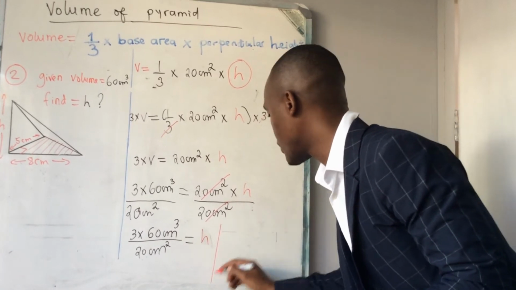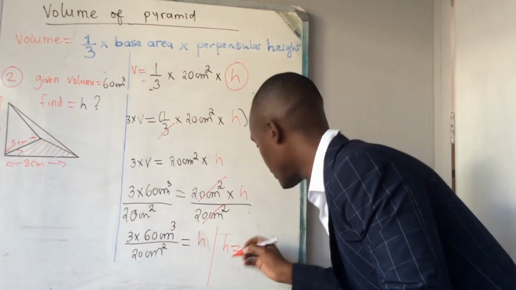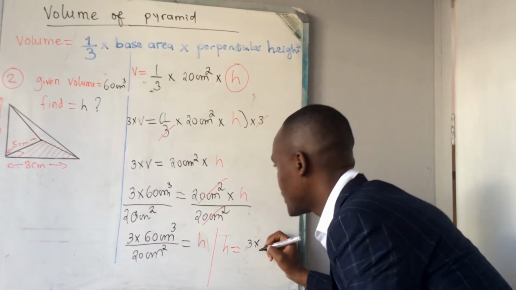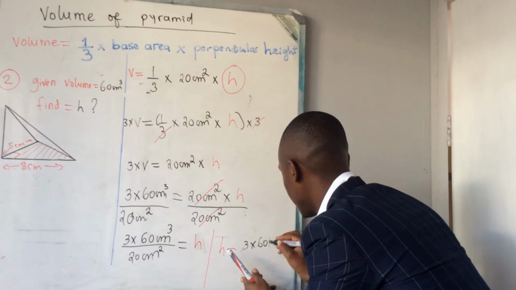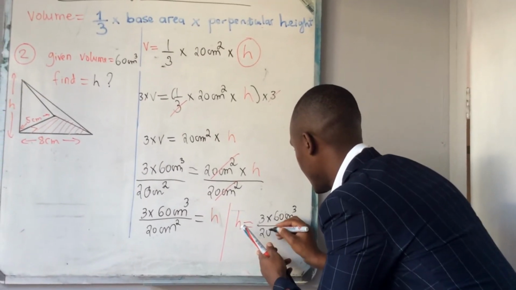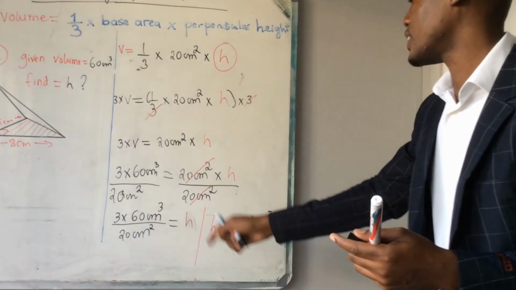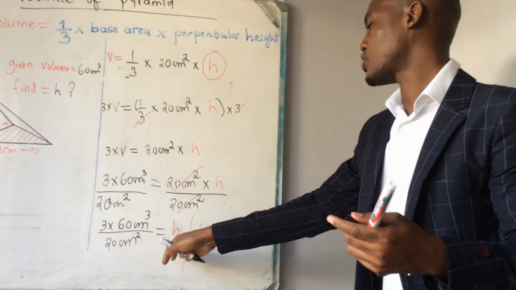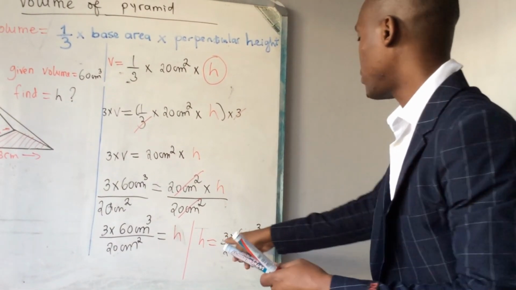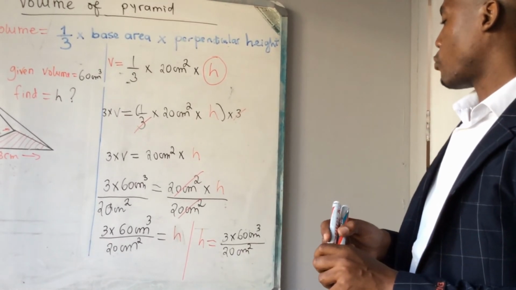Another way of rewriting this is to say h equals 3 times 60 centimeters cubed over 20 centimeters squared. That's the same thing pretty much. I just rewrote it. I put h in front here. He was at the back here and he is in front. Now, all we need to do is to multiply 3 times 60. In this case, it gives us 180, right?